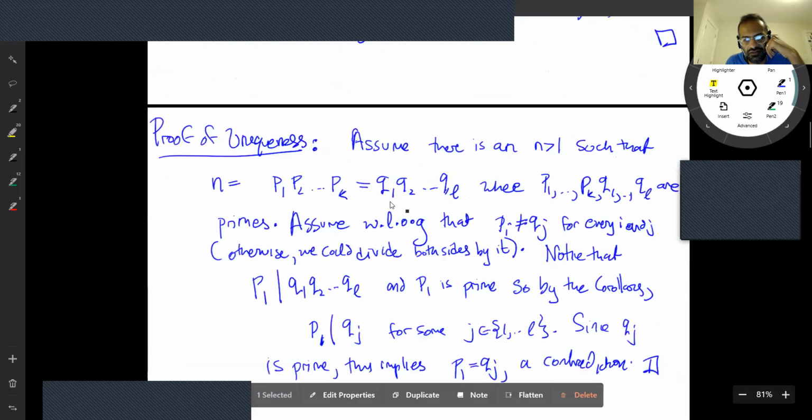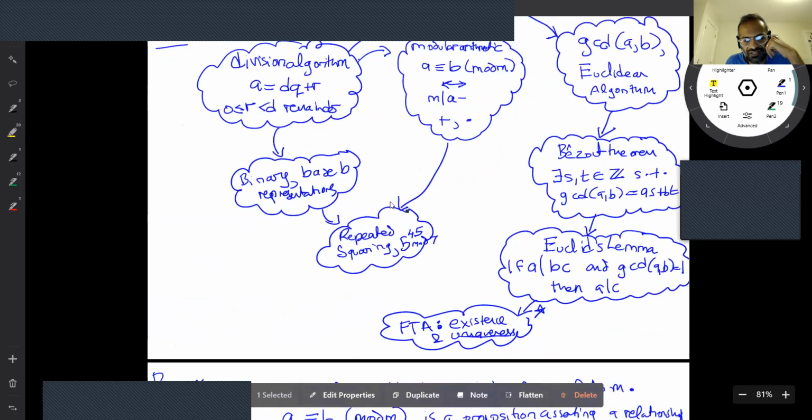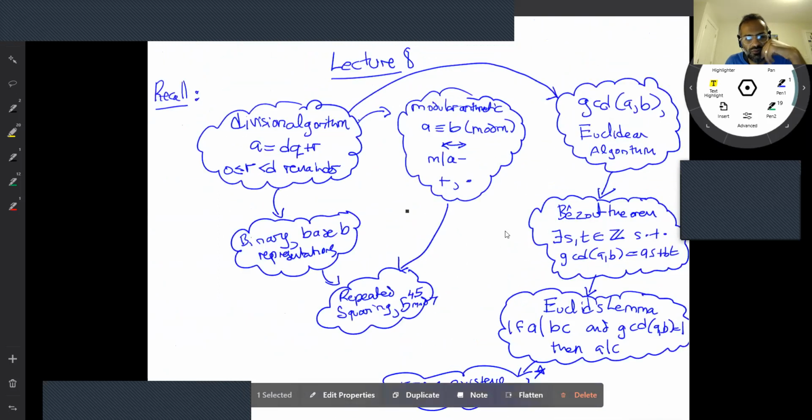Let's go look at our little summary of everything we've developed. Which of these ingredients do you think could be useful? Would Bezout's theorem maybe be helpful, since that uses the greatest common divisor, or the Euclidean algorithm?